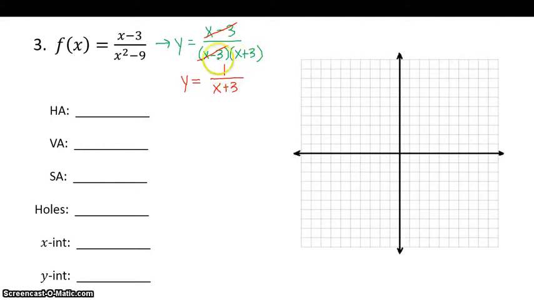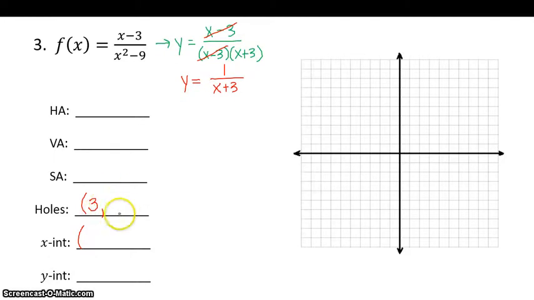So we are now going to look at this from now on when we finish the rest of these. But this tells you, since we canceled, that x equals 3. Oops. So we've got to come up with the ordered pair where the hole occurs. And so since we crossed out x minus 3, that means x equals 3.